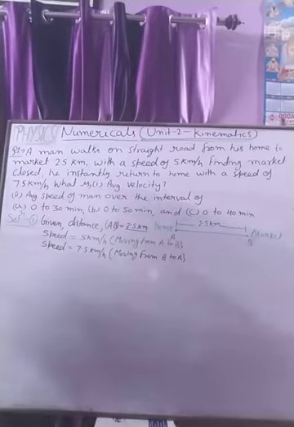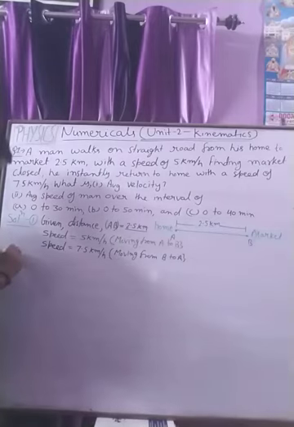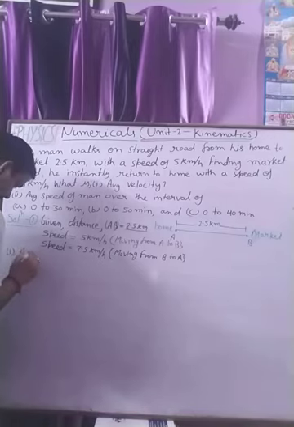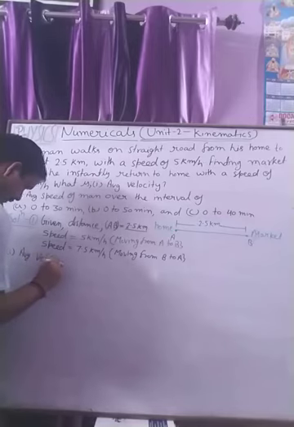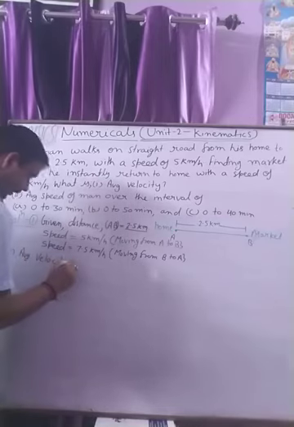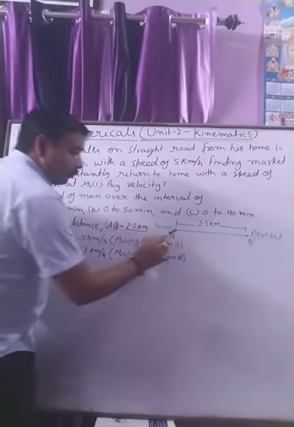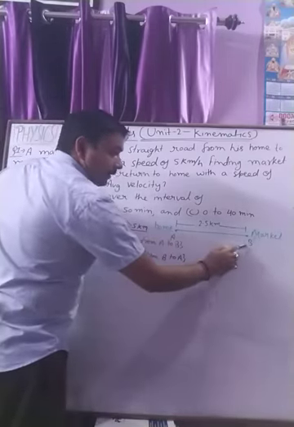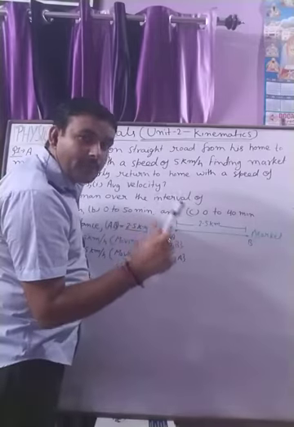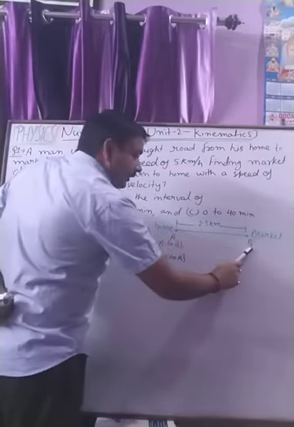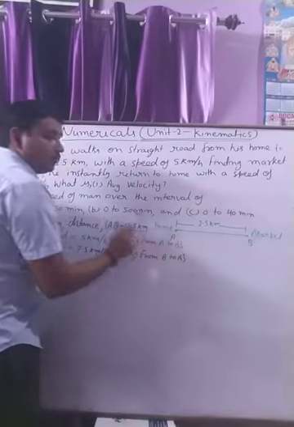Now let us look at the conditions, students. First we need to solve the average velocity. Okay, for this the man is moving from A to B and he finds that the market is closed and he returns back to the home.